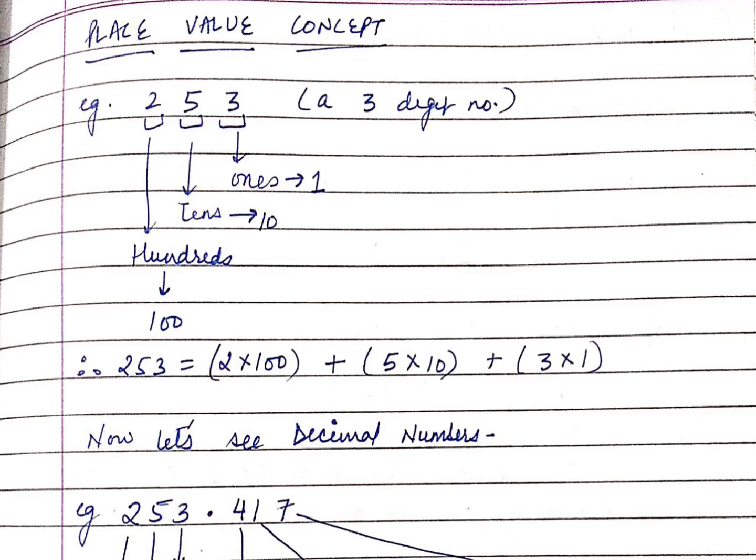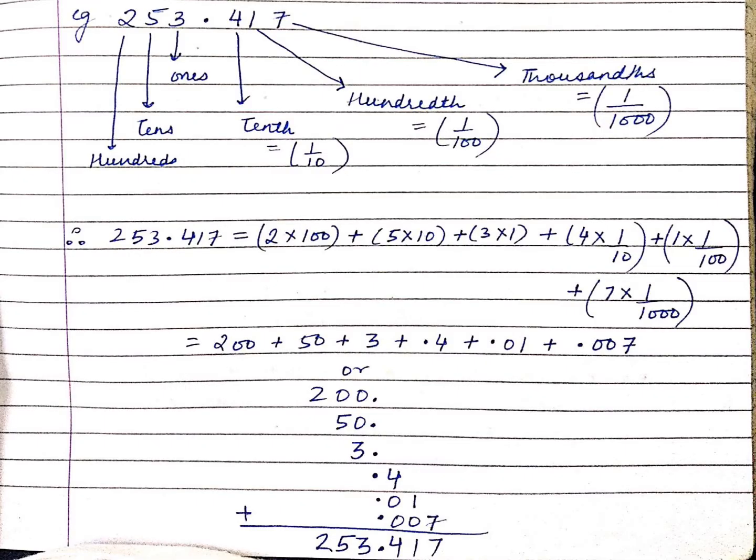Kindly pay attention. Now, the numbers to the left of the decimal we have already seen. We have to see now the numbers to the right of the decimal. If you notice, this is ones, tens, hundreds. In the last, S is coming.